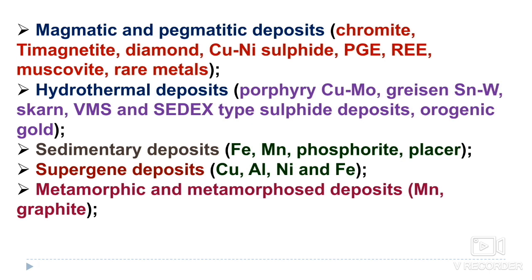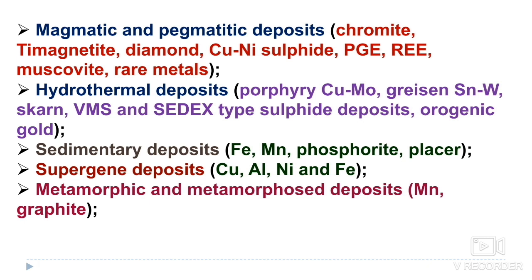Then hydrothermal ore deposits, in which you have to study porphyry copper-molybdenum deposits, greisen tin and tungsten, skarn deposits, volcanogenic massive sulfide and SEDEX type deposits, which we have discussed in detail, and orogenic gold deposits.